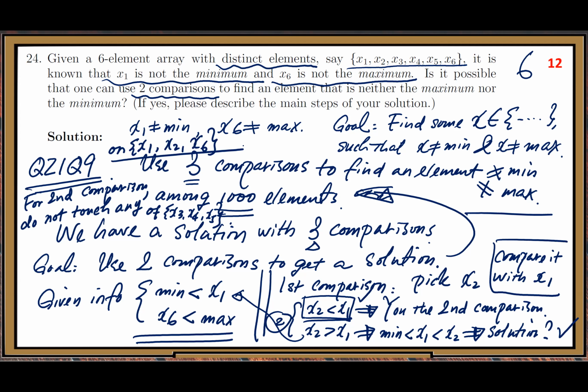But if you touch an unknown element, any of x3, x4, x5, one comparison is not enough to know that element well, and you just waste that precious comparison. Do not touch any of them. Spend the last chance on known elements. That's the guideline.